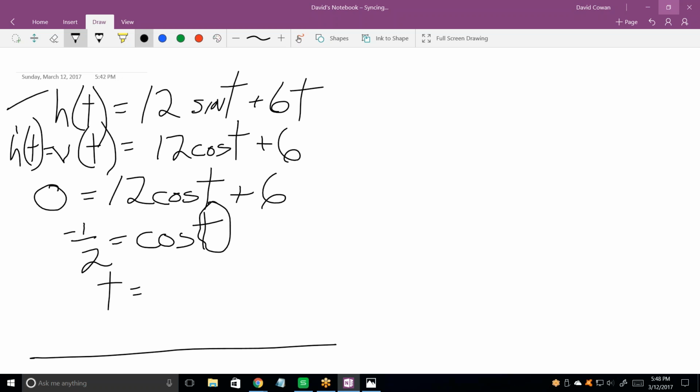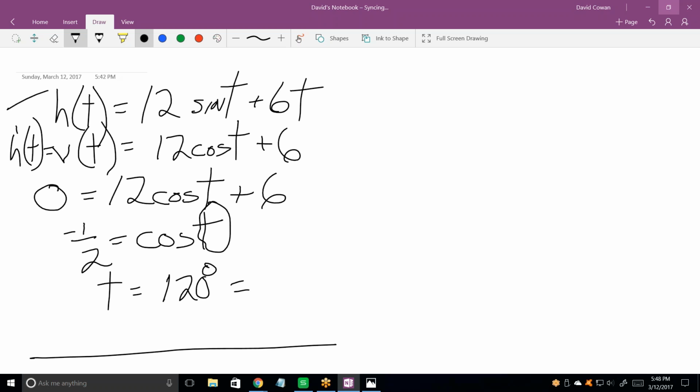Is it pi over... 120 degrees. That's the second quadrant, but I got to put it in radians because I can't give a time of 120 degrees. That doesn't make any sense.